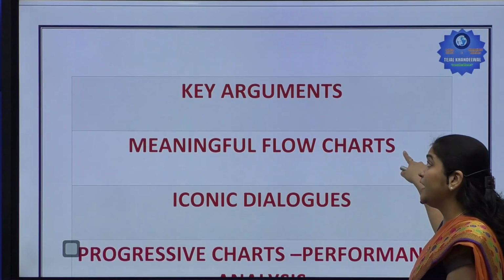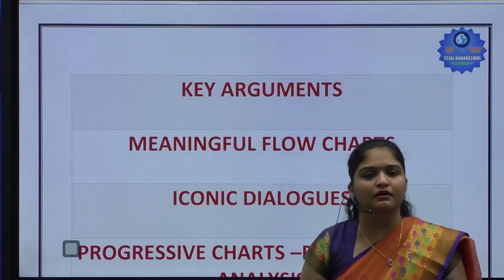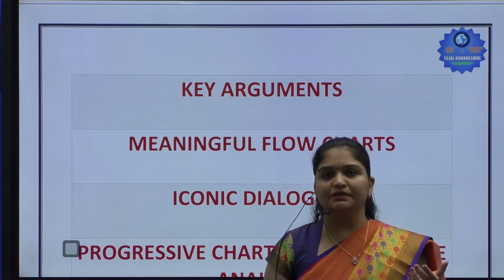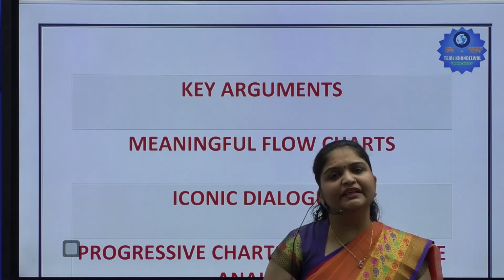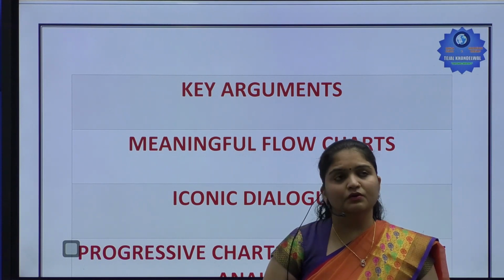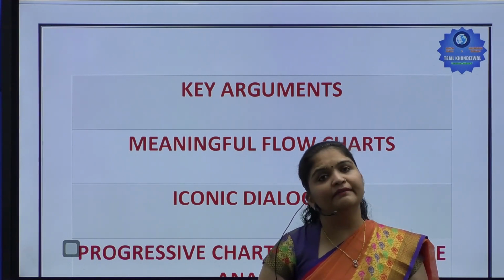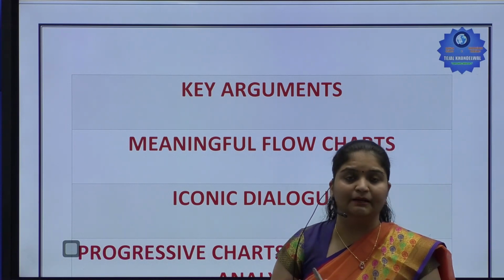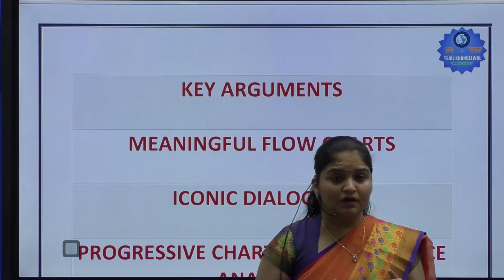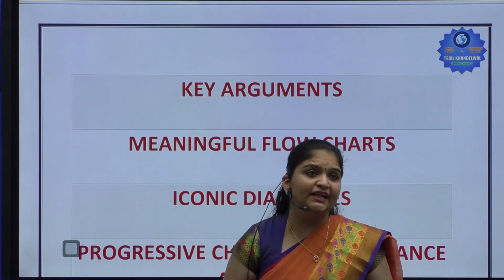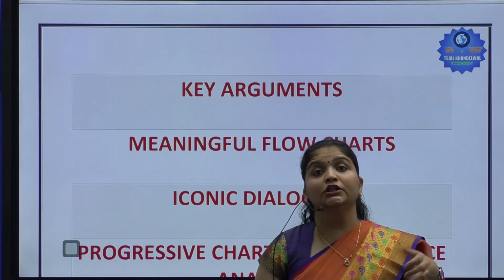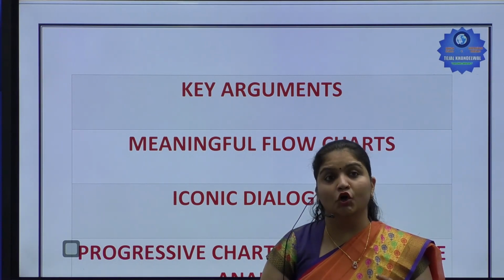Key arguments are very important. Nowadays there is a trend where students write a lot of examples without supplementing them with arguments. That is the wrong way. You have to have key arguments, and the supplementation has to be done by examples and not vice versa. Our paper should not look example-centric; it should look like a thought-process-centric paper.